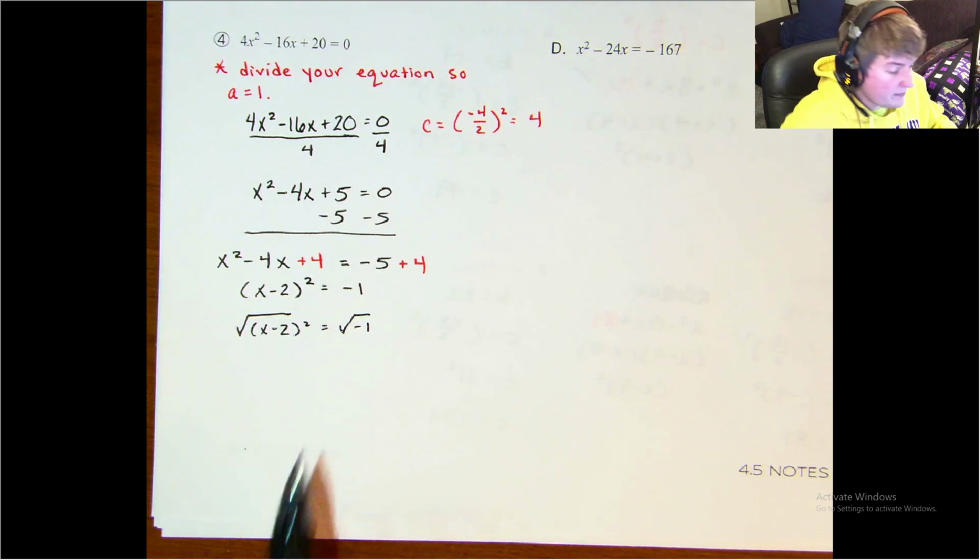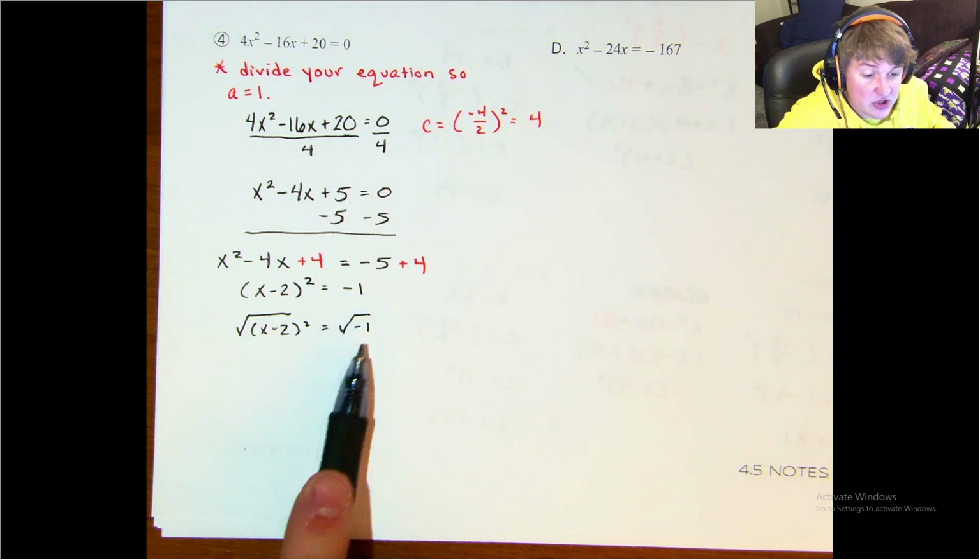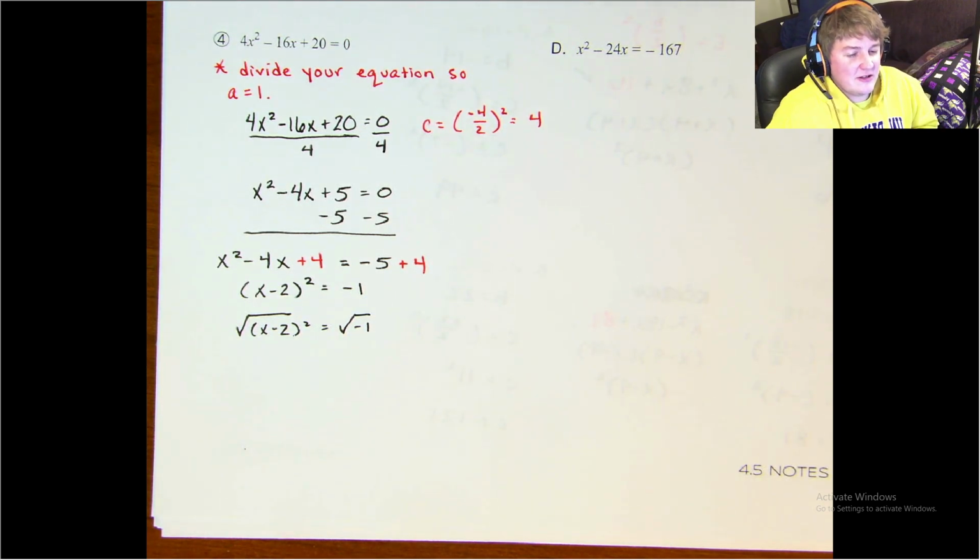Hopefully some people are identifying that we're taking the square root of a negative number. Normally, in previous lessons, this wouldn't be something you can really do. It would give you an error in your calculator, but as we learned in the previous section, we now have tools to give us solutions to this. They're just complex solutions.